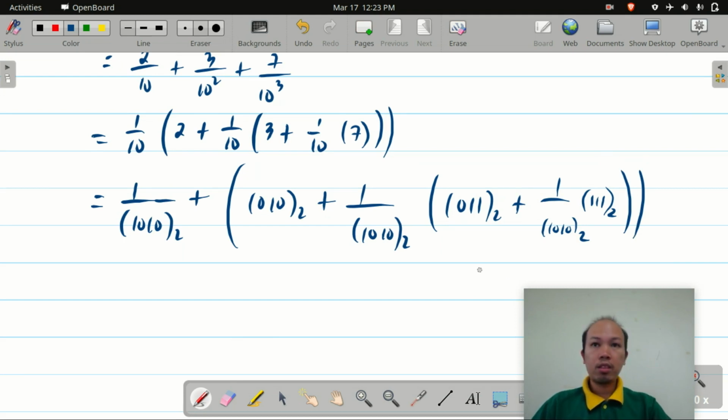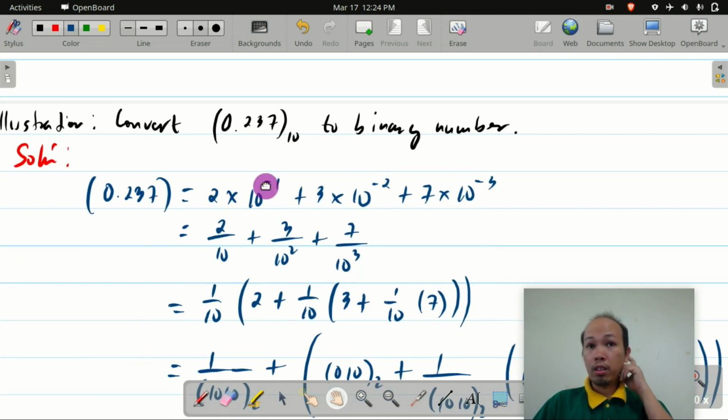So as you can see, dividing in binary arithmetic is not straightforward. So what we will do here is find another method on how to convert a given decimal number to a binary or any base.